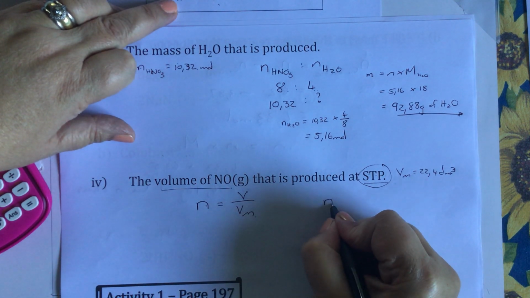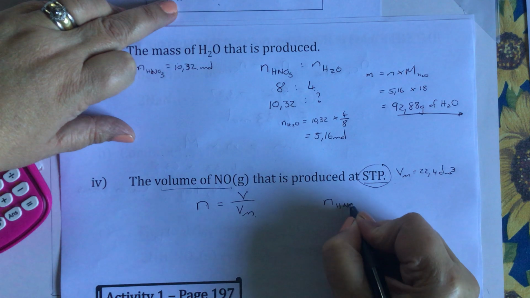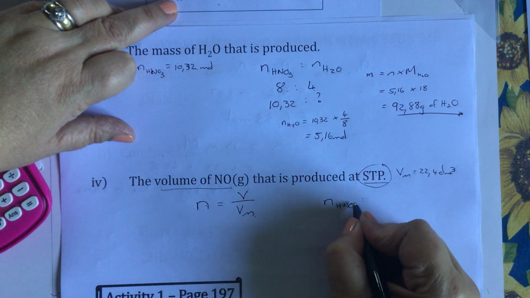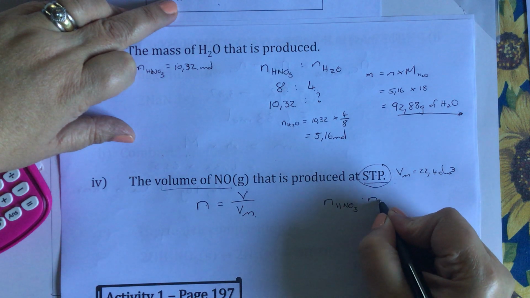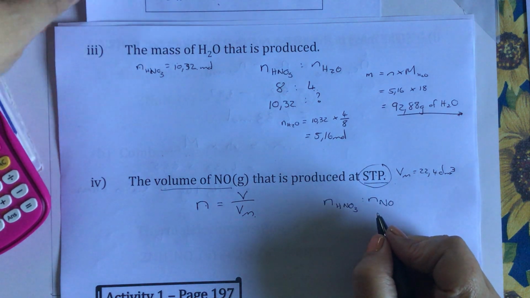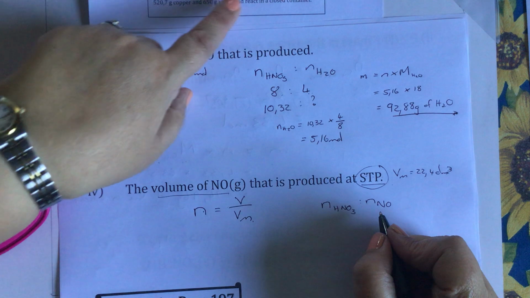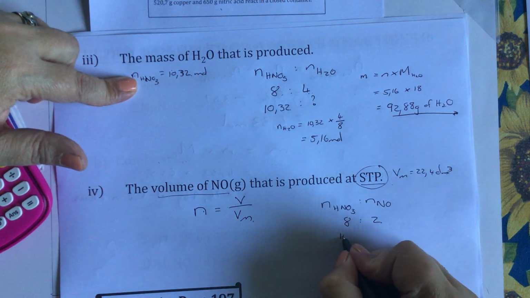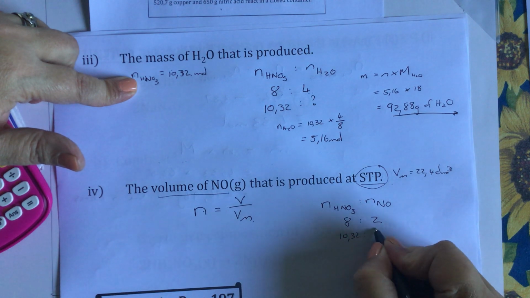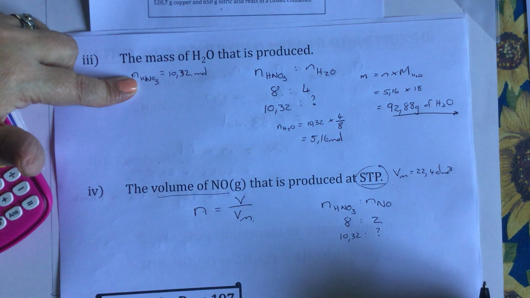I'm looking at the ratio between the nitric acid. Why? Because that was the limiting reactant. The number of moles of NO. Ratio according to my balanced equation, 8 to 2. I have 10,32 of this. I don't know how much of that will form.